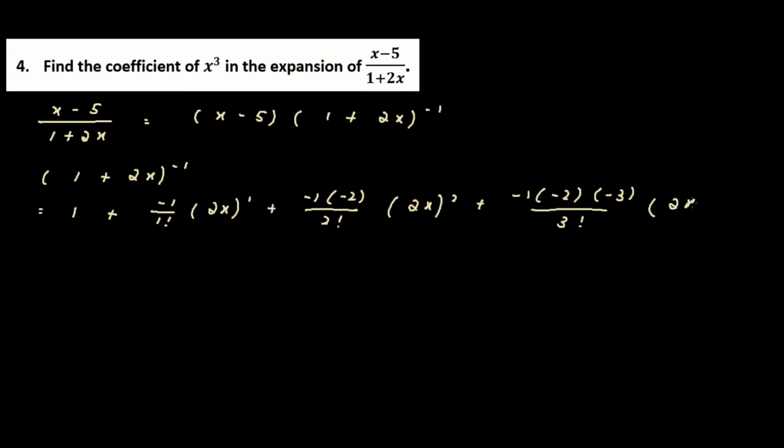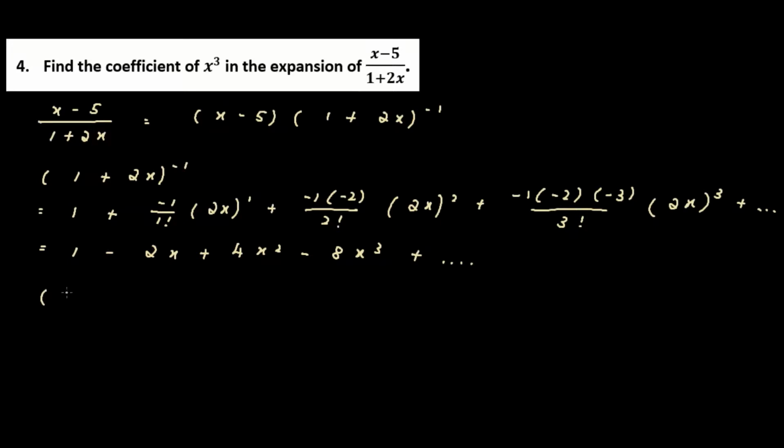times 2x cubed. Since this question wants to find x cubed, when you continue to write, it will be more than x cubed already, so you do not need to do that. So 1 minus 2x plus 4x squared minus 8x cubed, and so on. Now after you get this, you can continue with your equation here.